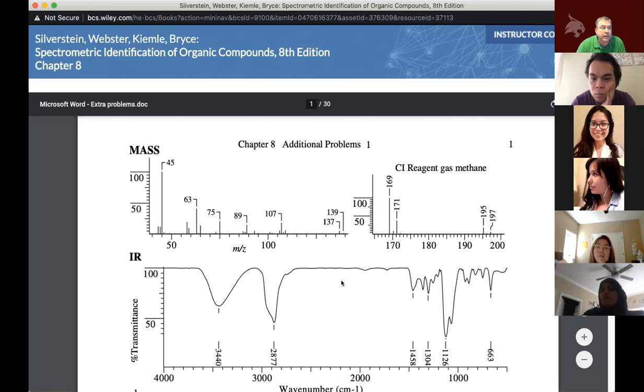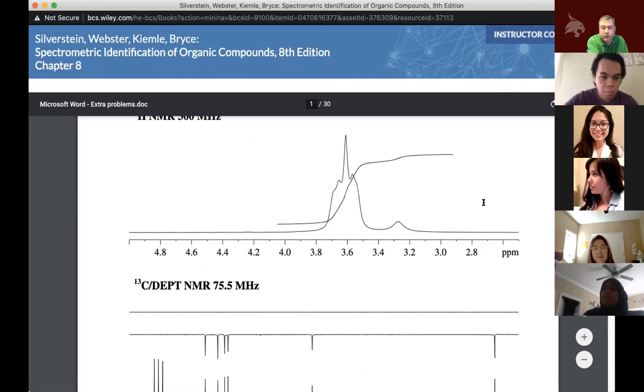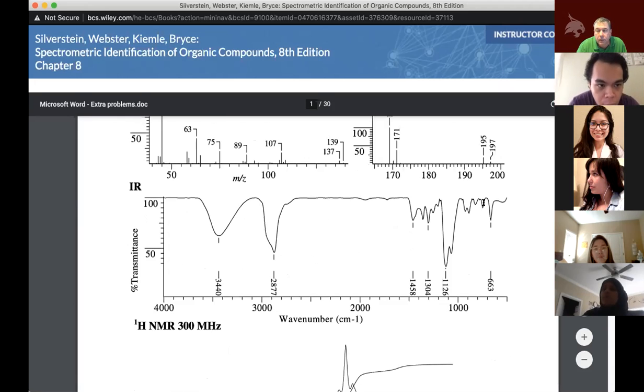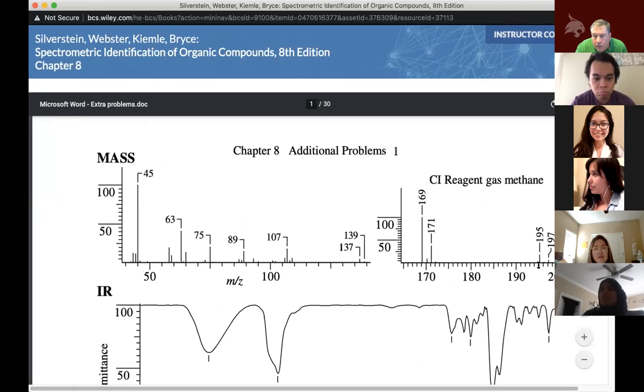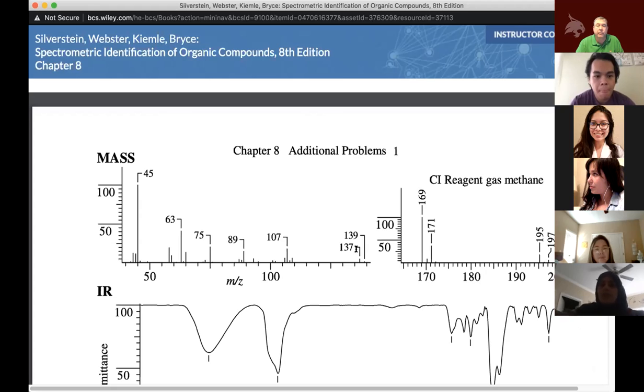So is it going to be, let's see, can it have chlorine? Maybe chlorine here. Let me see if I can blow this up without freezing it. That could be a chlorine there. Now, what we'd see for a chlorine is a loss of 35.